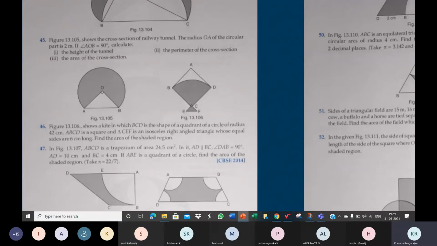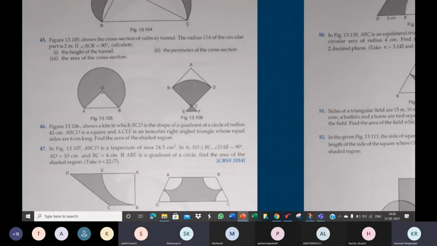Correct. And what about the length of the major arc? Tell me in terms of pi. Is it 3 pi?